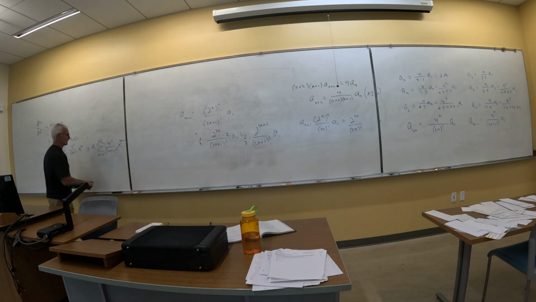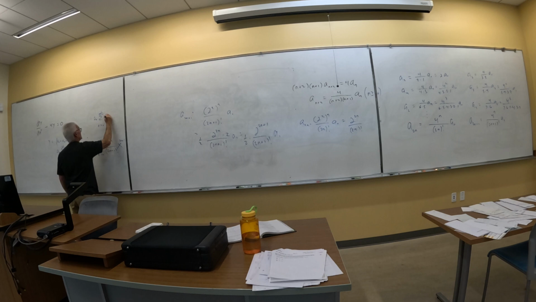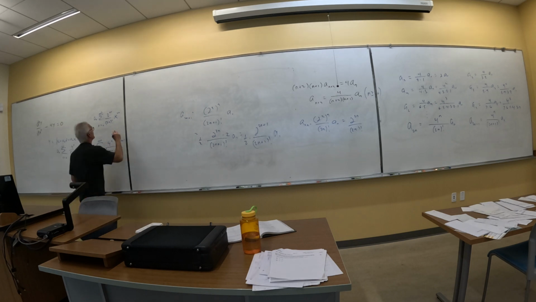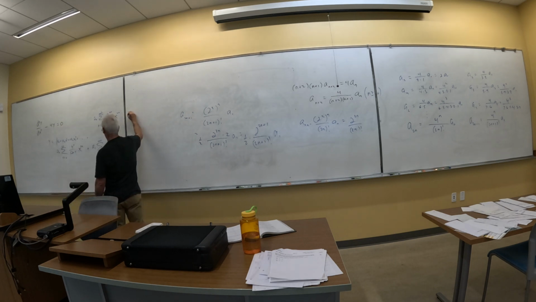That would be wrong. So I just rewrote this as A0 times 2 to the 2n over 2n factorial x to the 2n, and then what was it? Plus 1/2 A1.